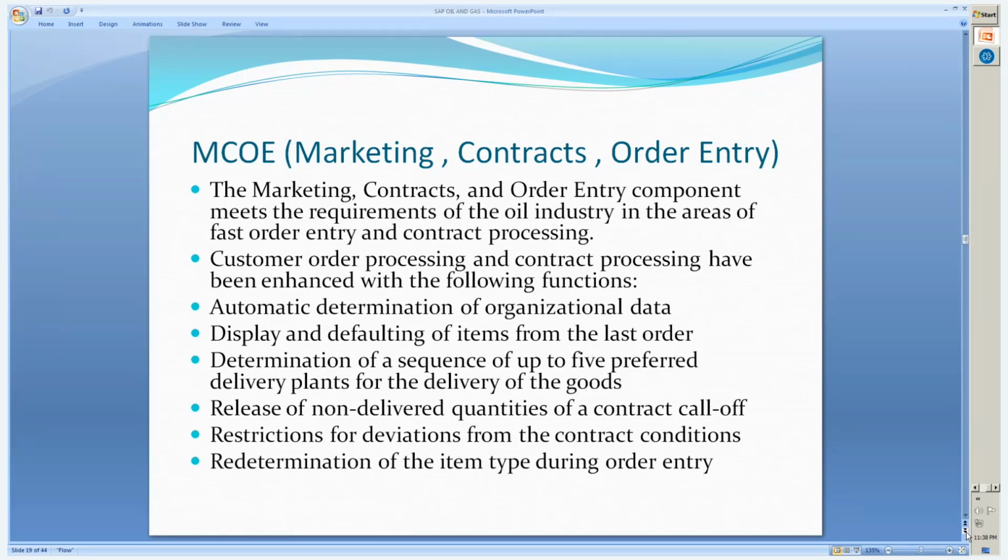Now here, contract processing has been enhanced with the following functions. Basically in order processing and contract processing, I've got some enhancements here. Automatic determination of the organizational data.